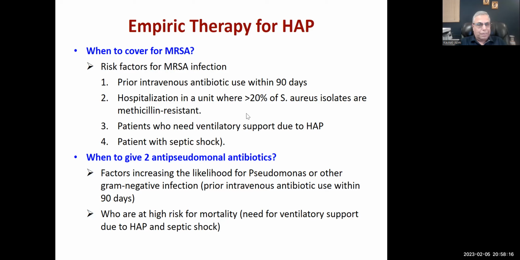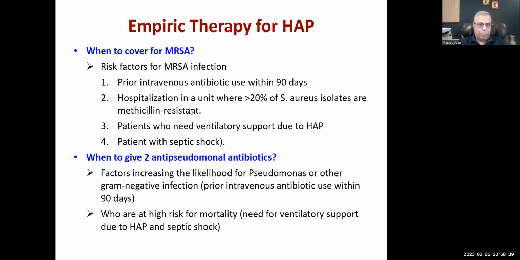So you saw the antibiogram that shows you what percentage of isolates are sensitive or resistant. Okay, so that's how you will know what percentage is resistant. Then patients who need ventilatory support in hospital-acquired pneumonia, in patients with septic shock. So you will cover for MRSA.